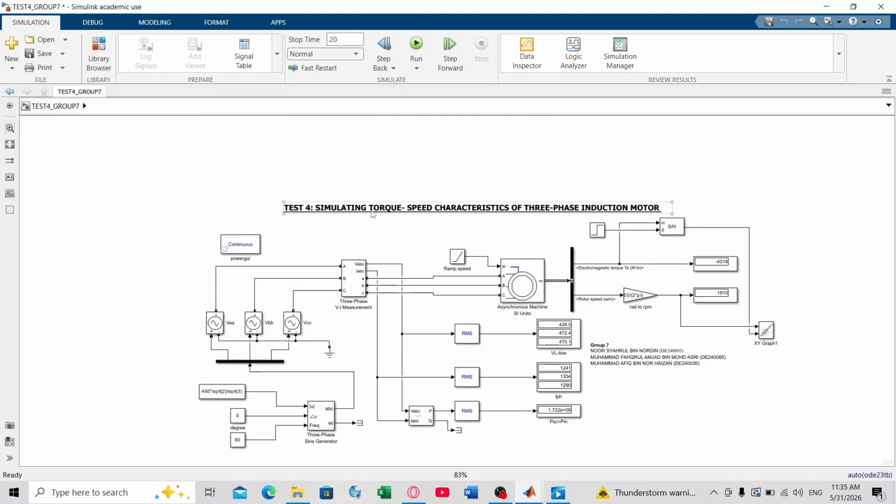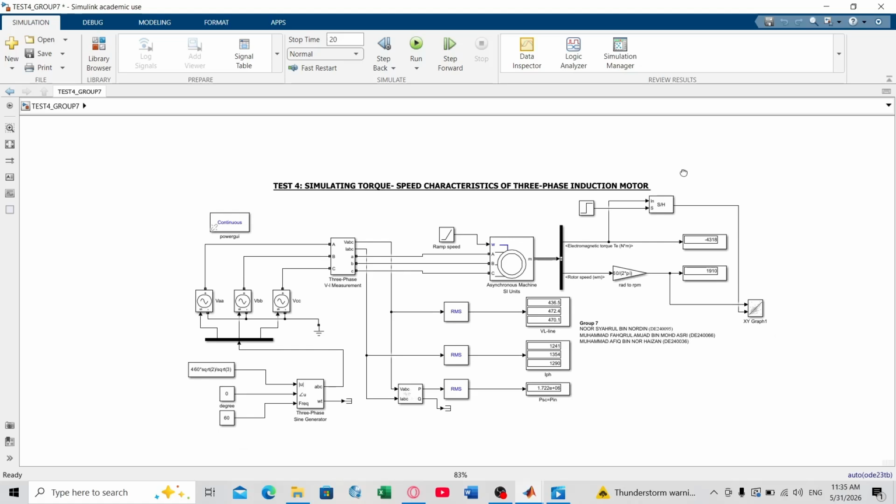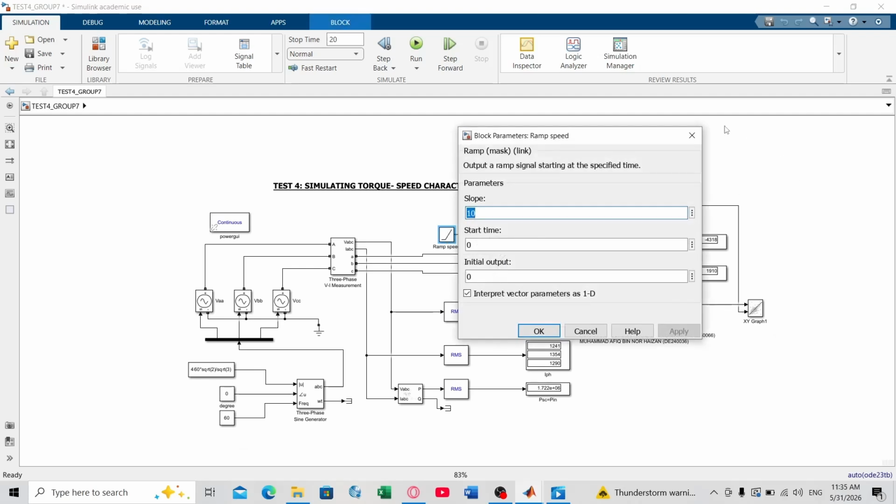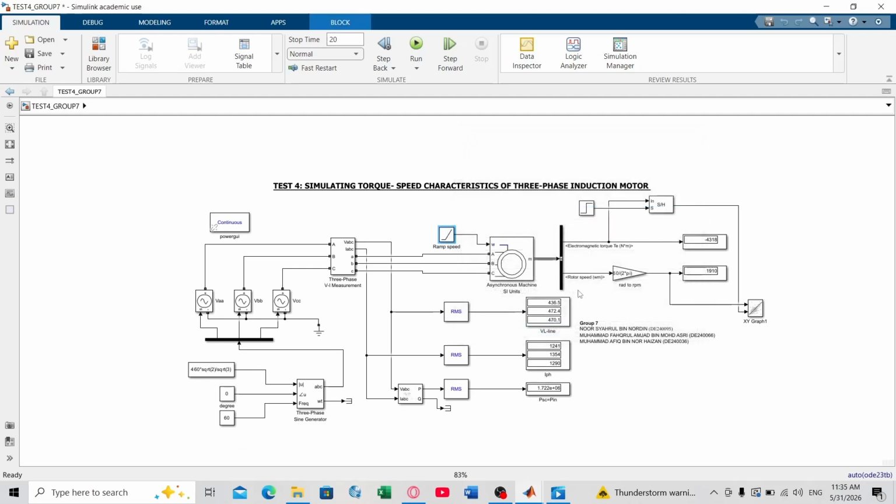For the last test, which is test 4, simulating the torque speed characteristic of the three-phase induction motor, we are using the same configuration of the model, but for the input we have a ramp speed with a slope of 10. The rotor speed we also measure in RPM, along with the electromagnetic torque.